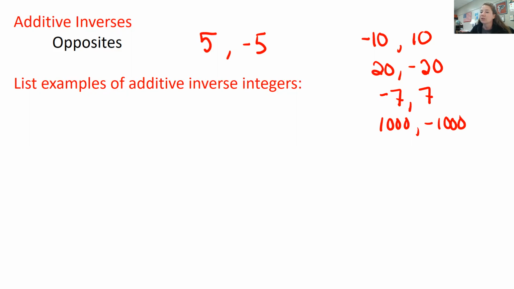So 20 is a whole number and its opposite is -20. So those are integers. Those all make up opposite numbers, and also they're called additive inverses. In other words, what number, if I wanted to add a number to 3 to get a sum of 0? Well, I would have to add the additive inverse, which is -3. And that gives me an answer or a quantity of 0.